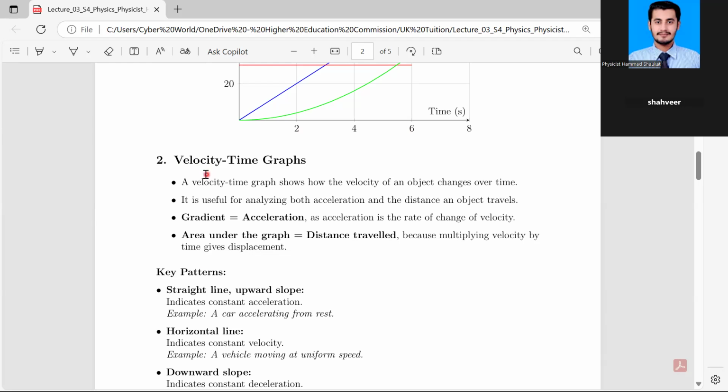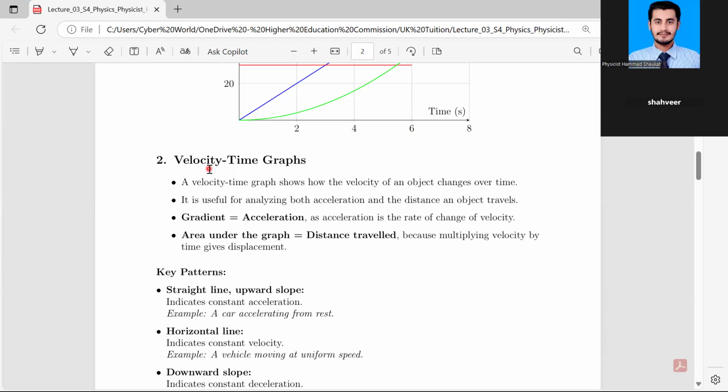And you know that velocity divided by time is called speed or acceleration? Yes, acceleration. Distance divided by time is called speed, whereas velocity divided by time is called acceleration.